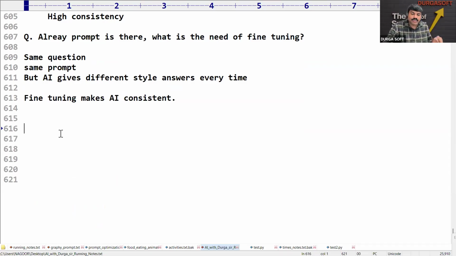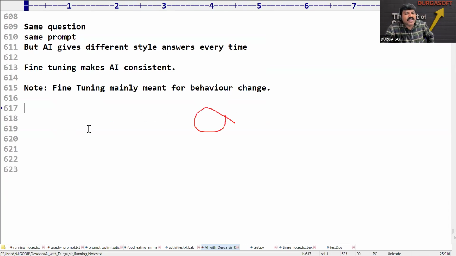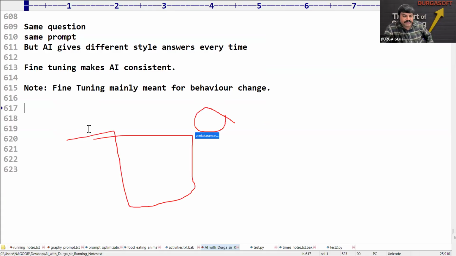Fine tuning changes model behavior, not model size or memory. Remember this one: fine tuning is mainly meant for behavior change. You should understand.